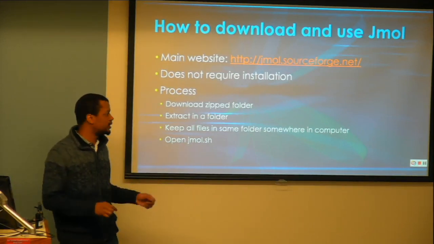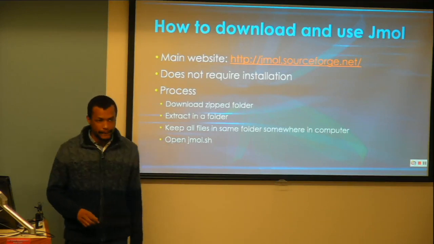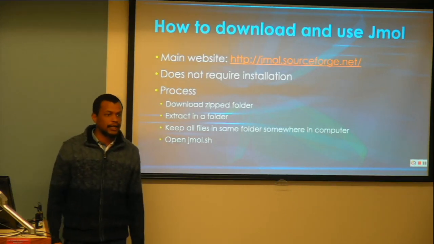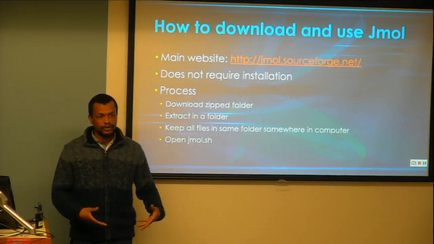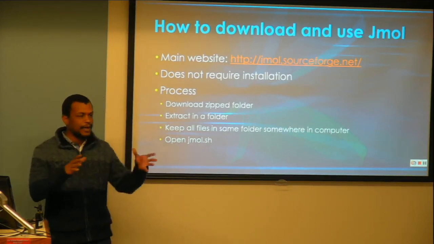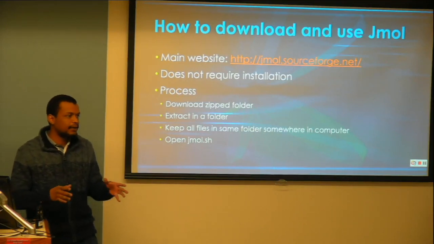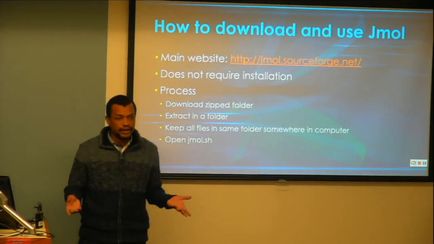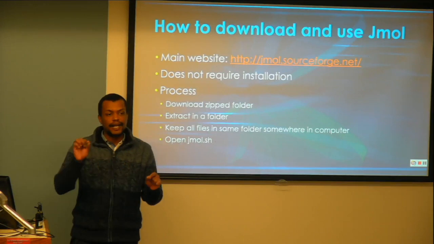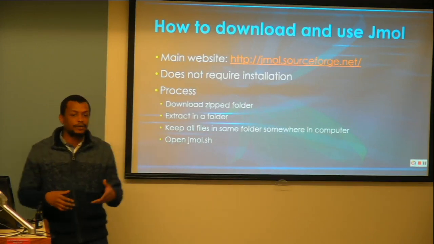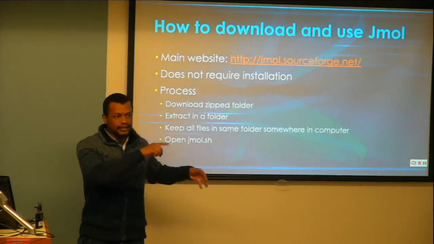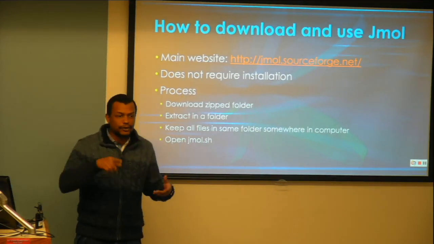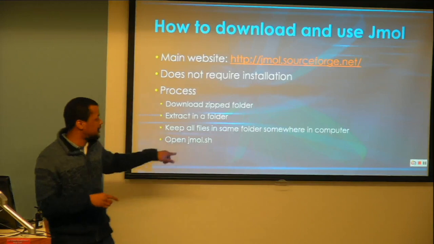In our case, for example, in our class, Jmol has already been downloaded for us to use. When you log in and enter the home directory, there's a folder called Jmol 8, so whenever we want to open Jmol, we go to the home directory, choose the folder Jmol 8, and run Jmol.sh.